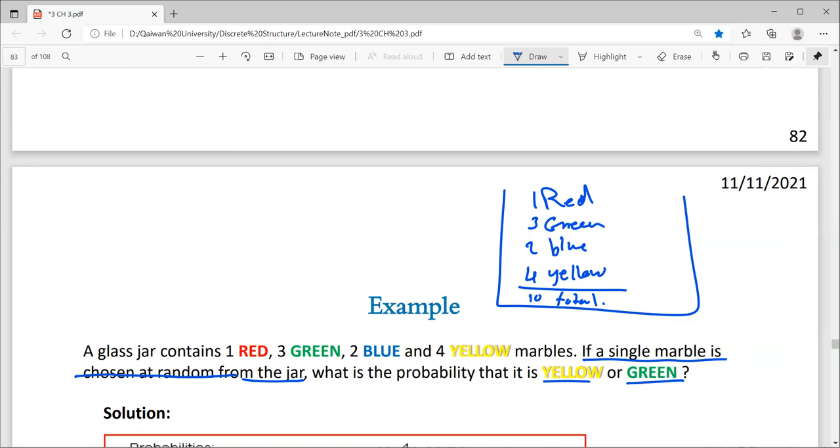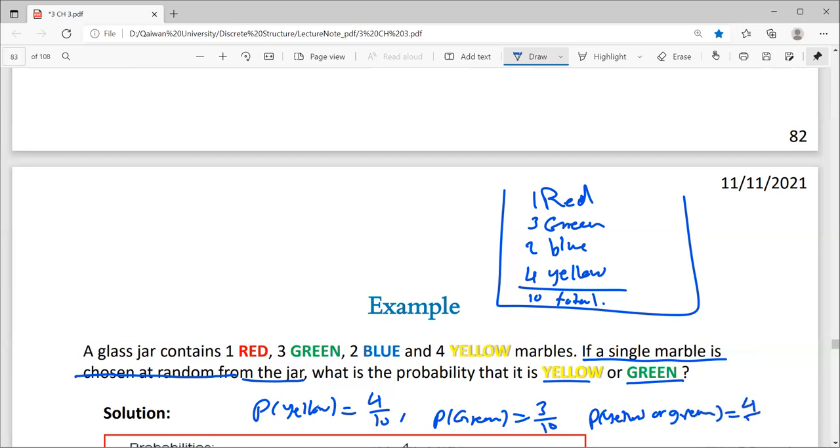What's the probability of taking a yellow one? Probability of yellow equals 4 over 10. How about the probability of green? Just find the sum of these. So the probability of yellow or green equals 4 over 10 plus 3 over 10, which is 7 over 10. So the result is 7 over 10.